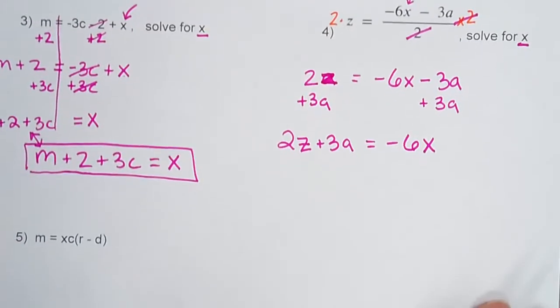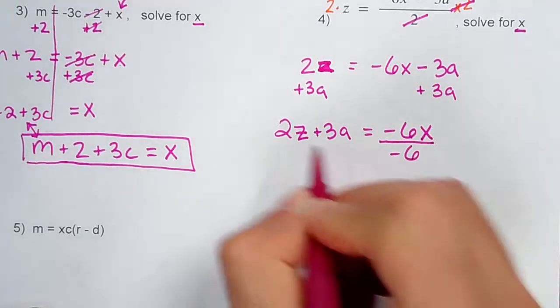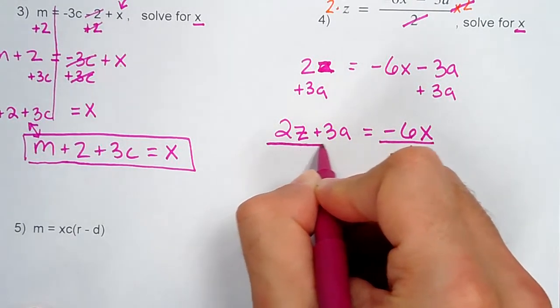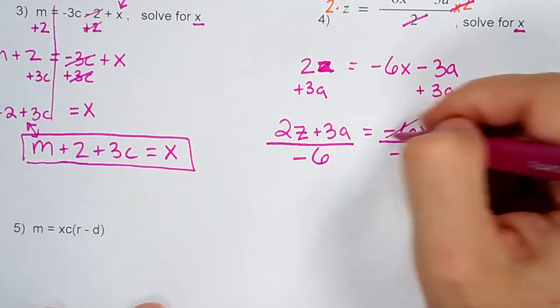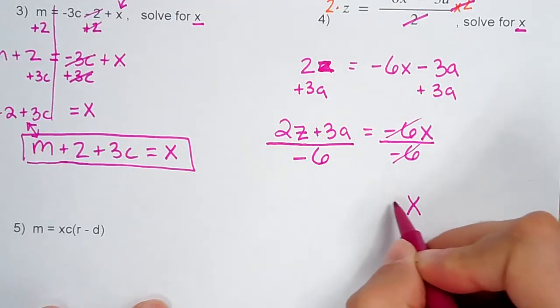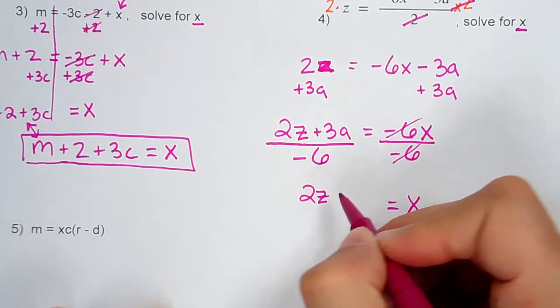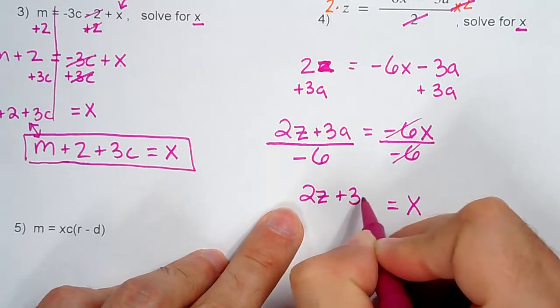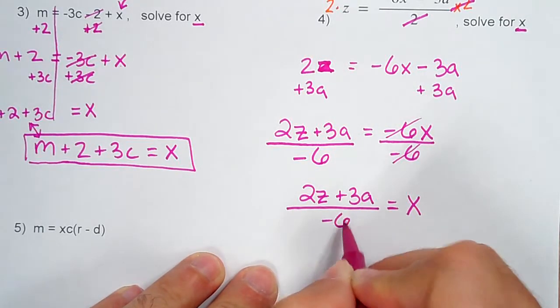And my final step to get x by itself, I have to divide this whole side by negative 6. So my final result, x is equal to 2z plus 3a, all divided by negative 6.